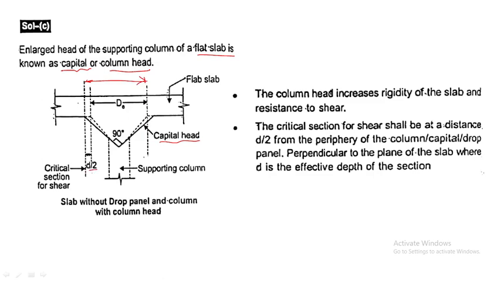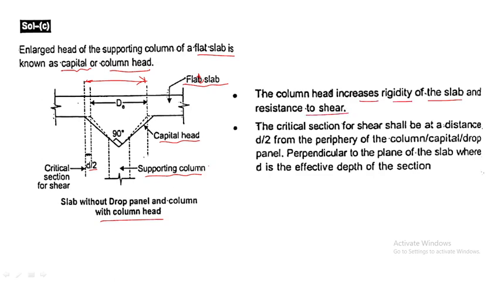So this is d by 2, the critical section for shear, and this is the supporting column and this is the flat slab. So this is a continuous flat slab without drop panel and column with column head. The column head increases the rigidity of the slab and resistance to shear.